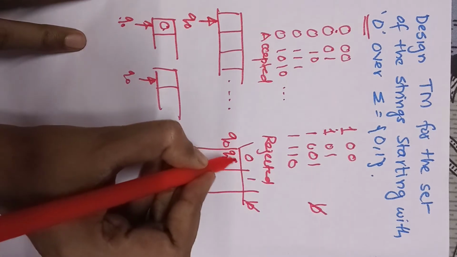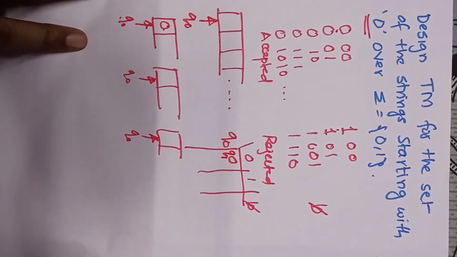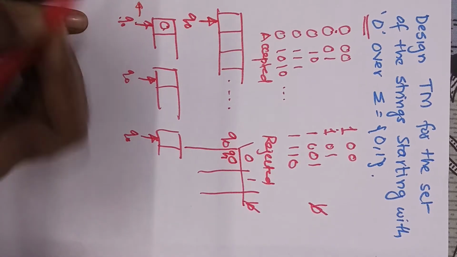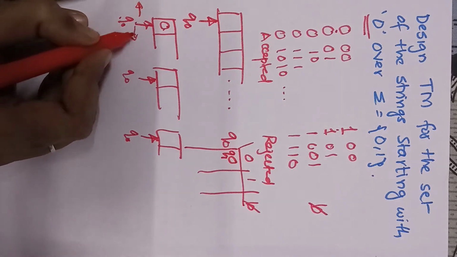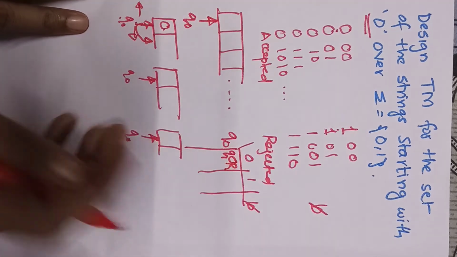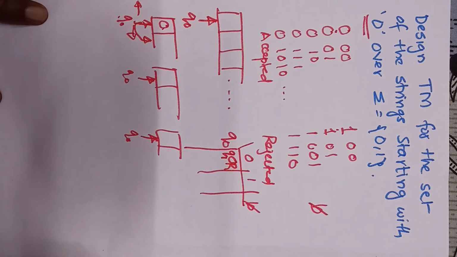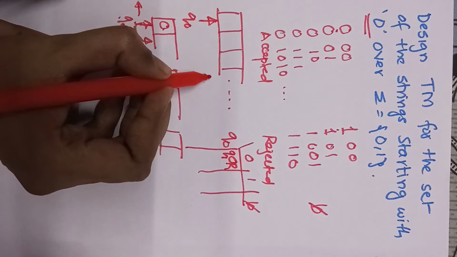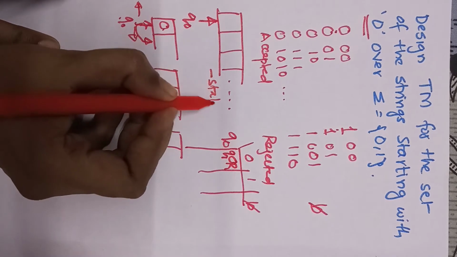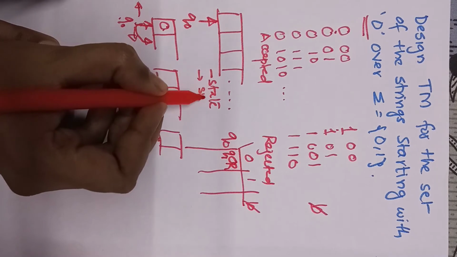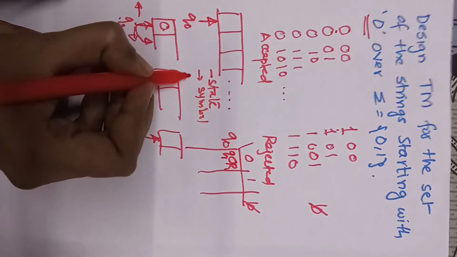No, I am going to write the same symbol. Where is the head going to move, towards the left or towards the right? It is moving towards the right, so I am going to write the direction also. So the three things I have to write in our table are the resultant state, the symbol, whether I'm going to change it, plus the direction.